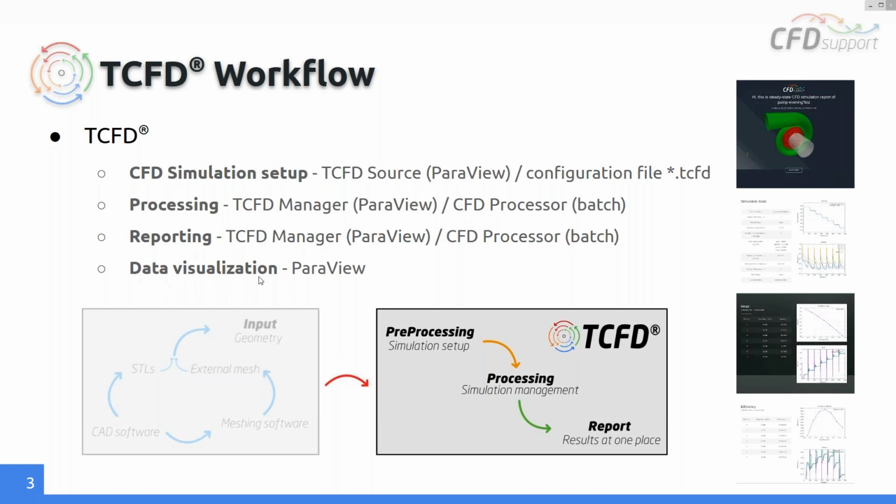TCFD source and TCFD Manager are filters developed here at CFD Support, implemented in ParaView. And the CFD processor manages all, so you can also run all the processes without the graphical user interface, in so-called batch mode, just in the command line.